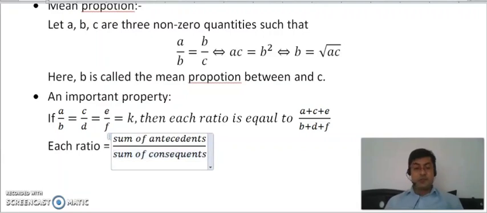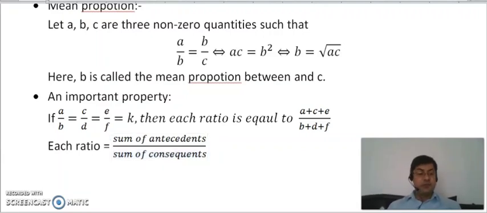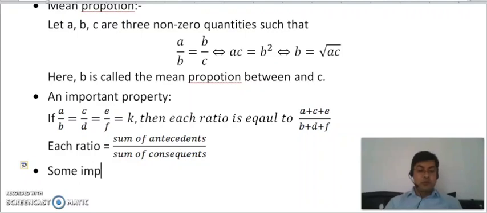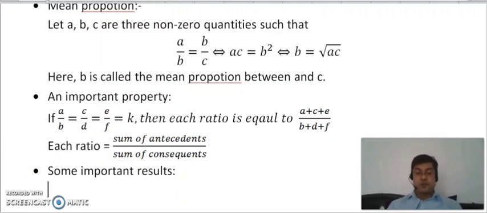Clear? So this is the formula to find each ratio. Now some important results we will see, results on proportions.